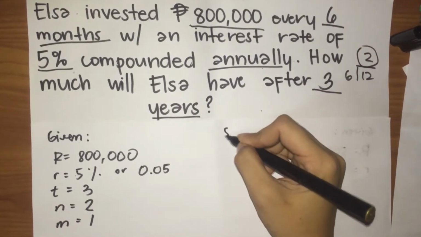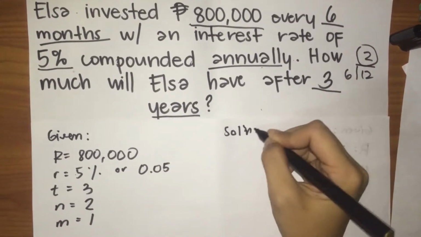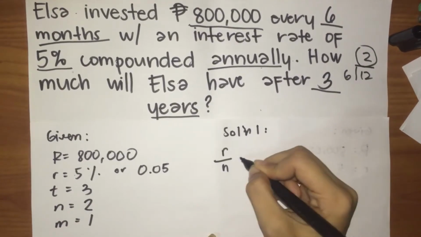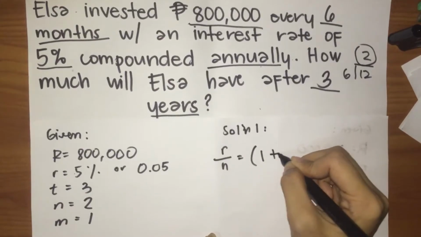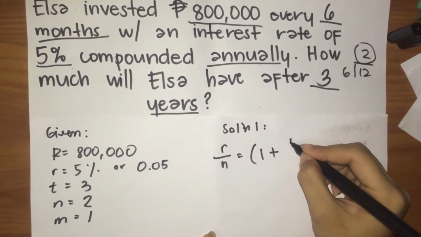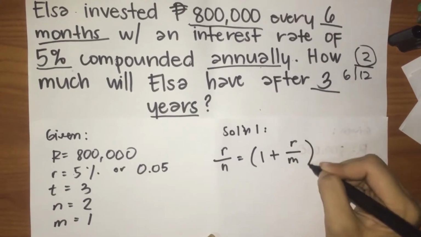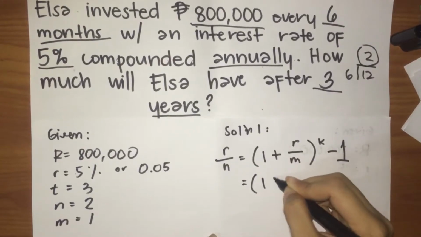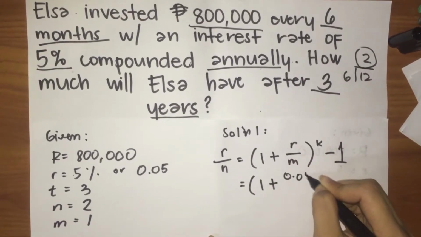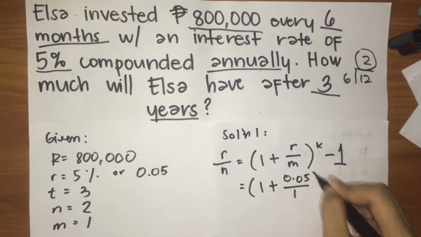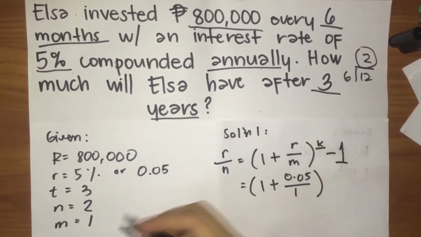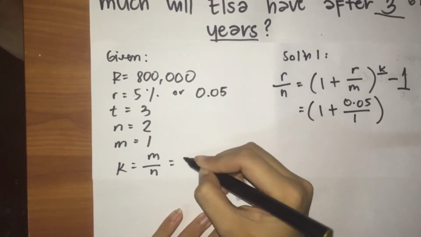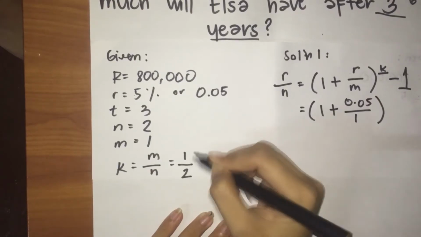We're going to convert first using our conversion formula, which is r over n is equal to 1 plus r over m raised to the power of k minus 1. We need to substitute this given, so 1 plus 0.05 over 1 raised to the power of. So to find k, we're going to have m over n. M is equal to 1 and n is 2, so we have 1/2.